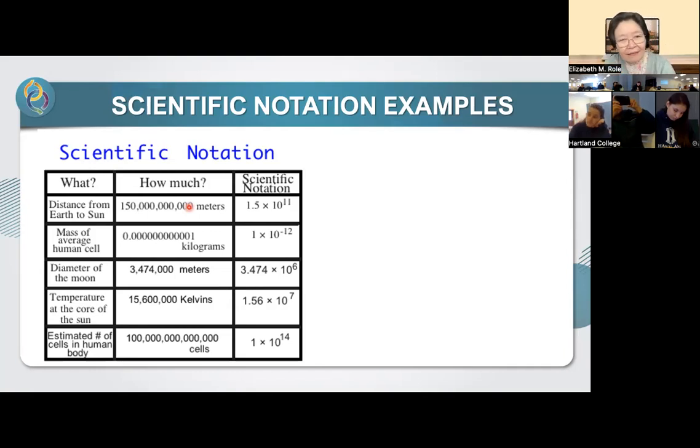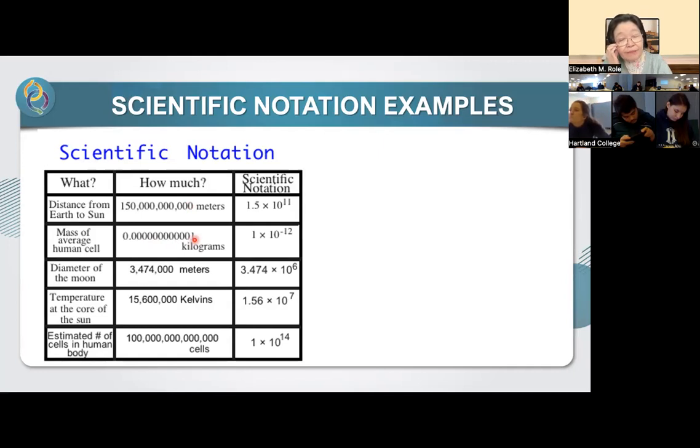But for a negative exponent, you move your decimal point to the right. And so we count 1, 2, 3, 4, 5, 6, 7, 8, 9, 10, 11, 12 until 1. So 1 times 10 to the negative 12.